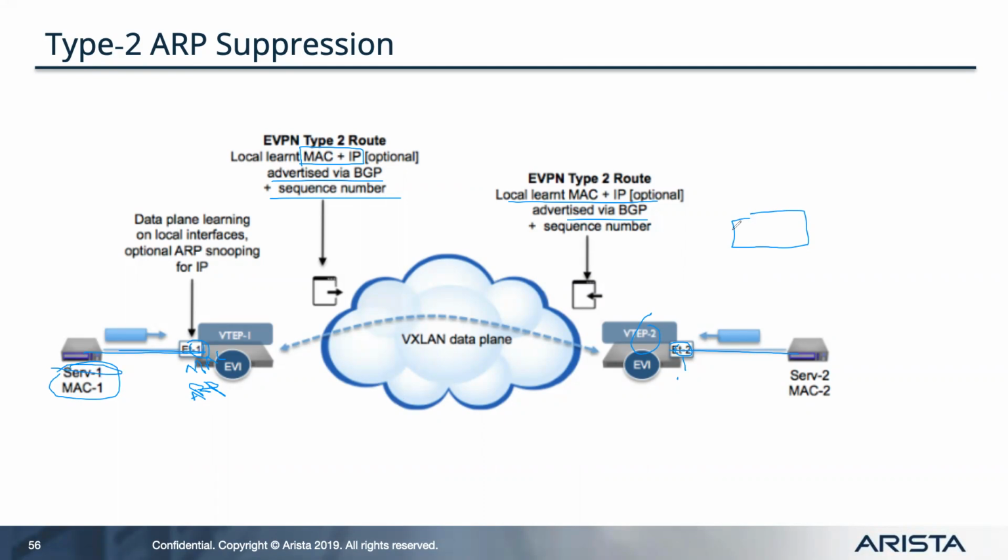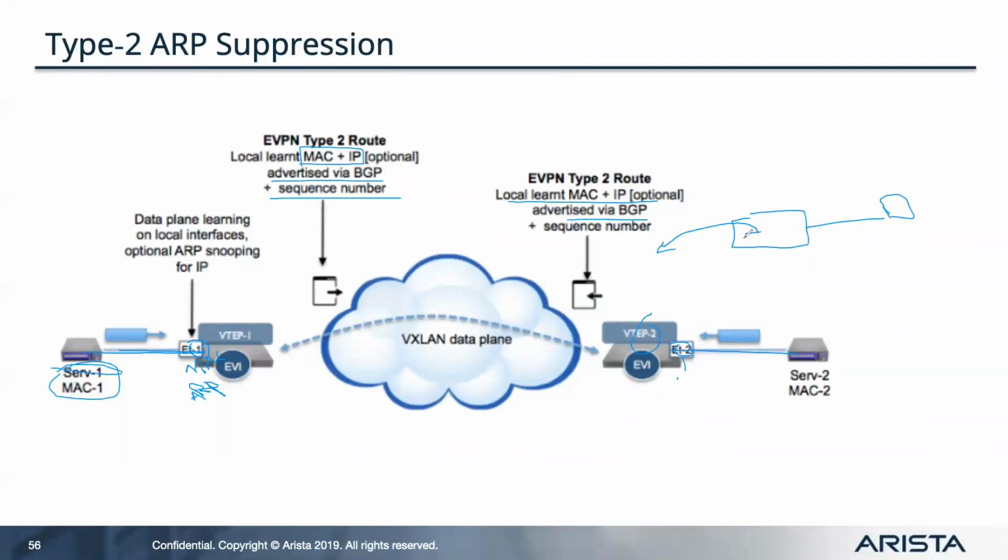So when this host behind any other VTAP wants to communicate with this server 1, they don't have to send ARP requests. So unnecessary ARP flooding as well as ARP replies will all be suppressed.